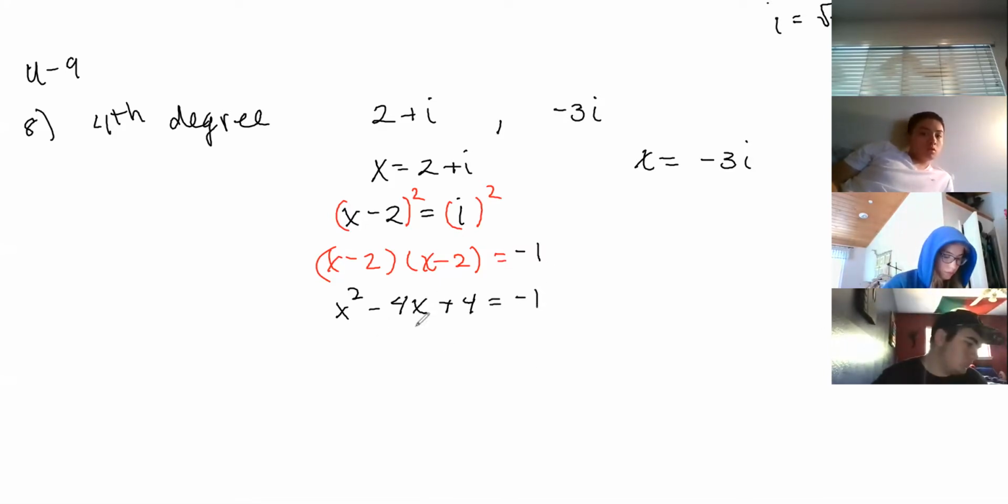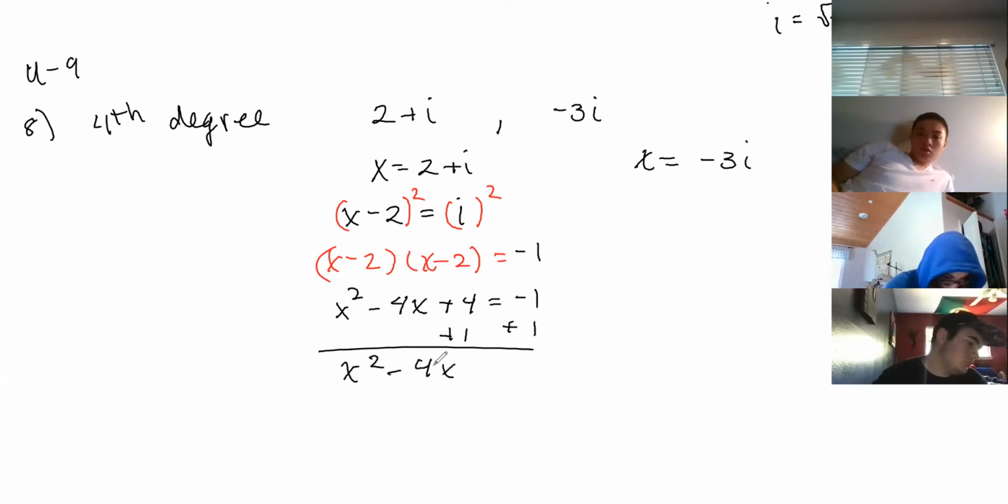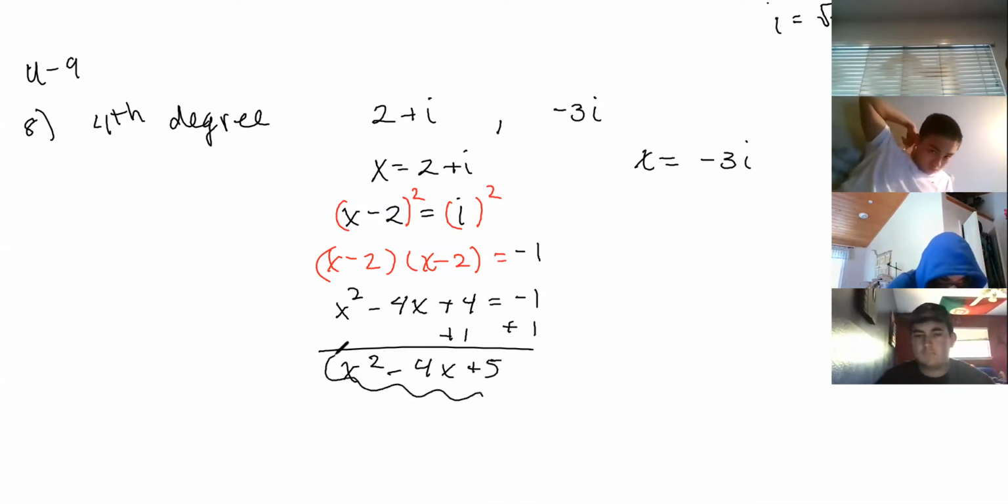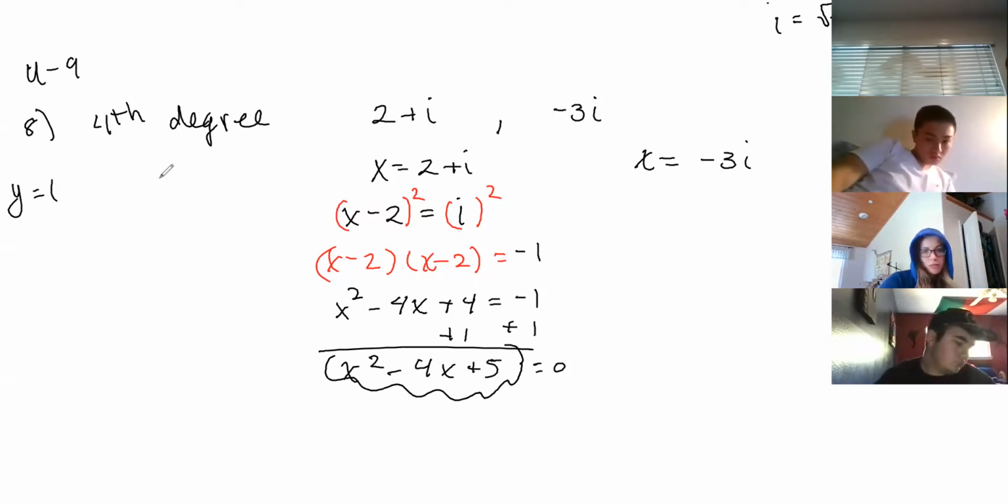Move the -1 over. What does that give me? x squared minus 4x plus 5. That's going to be one of your parentheses.